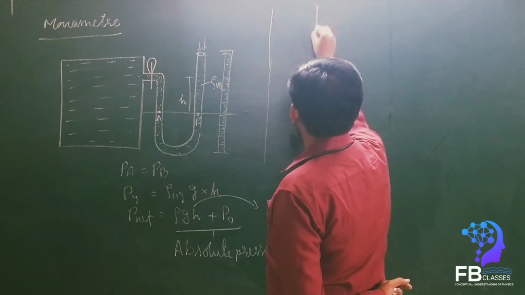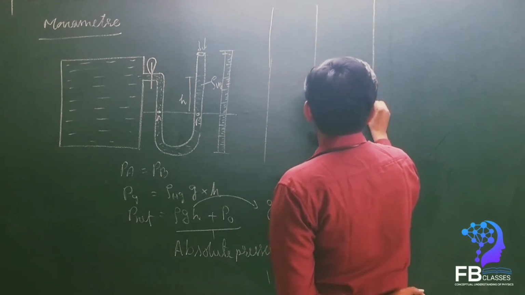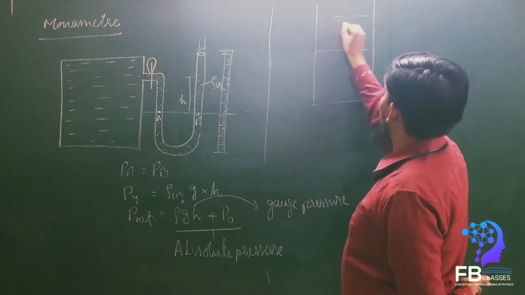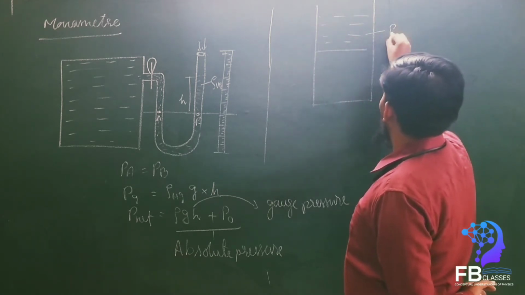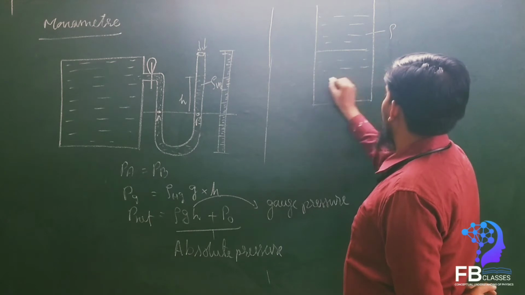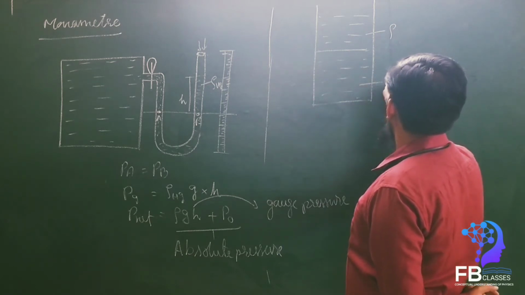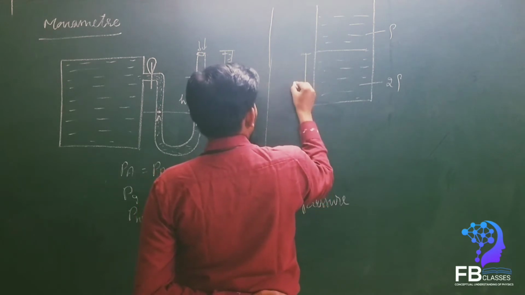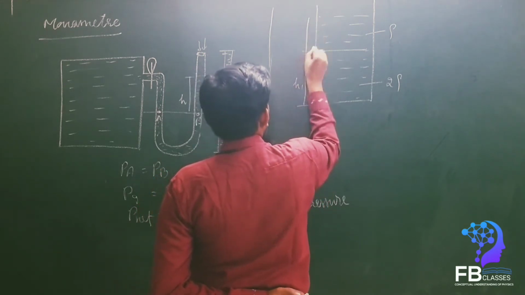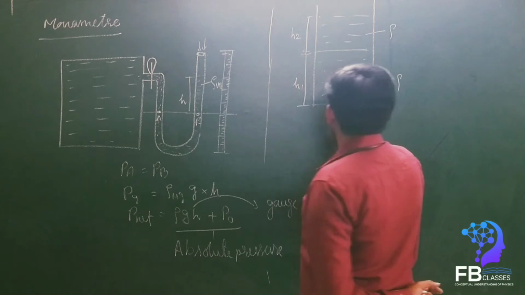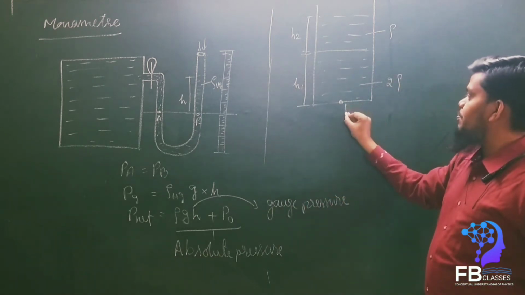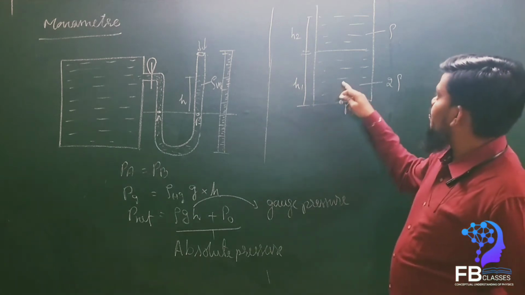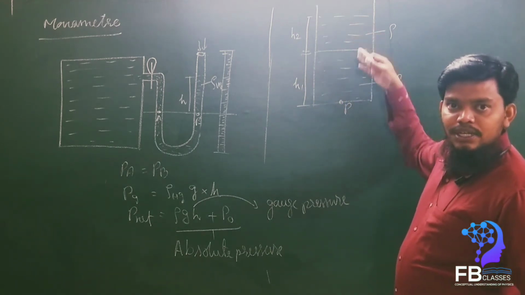Now see here. For example, let this be the container. In this container there are two liquids. This is rho. The second liquid is considered as 2 rho. Let this height be H1 and this height H2. Now what is the pressure at a point P? It is the pressure due to both liquids. Yes or no?